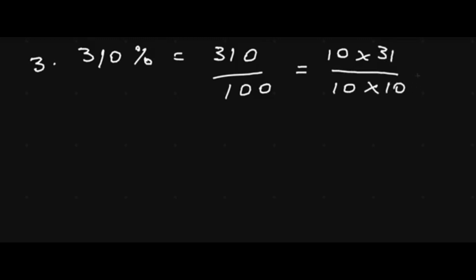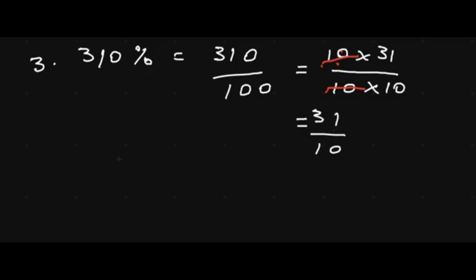So 10 times 31 and 10 times 10. They have 10 common in both the numerator and the denominator, so we cancel them. What is remaining will be 31 over 10.